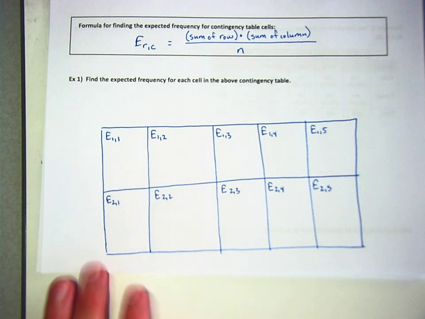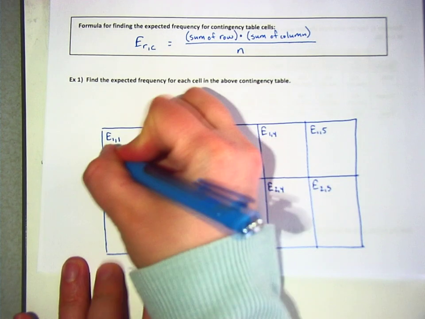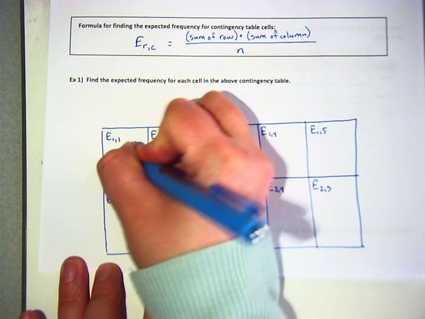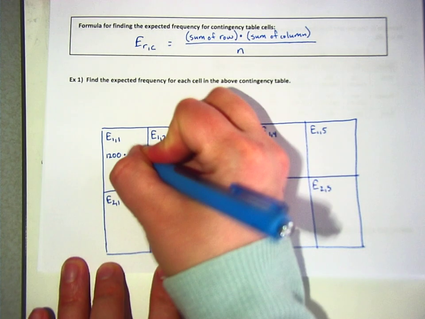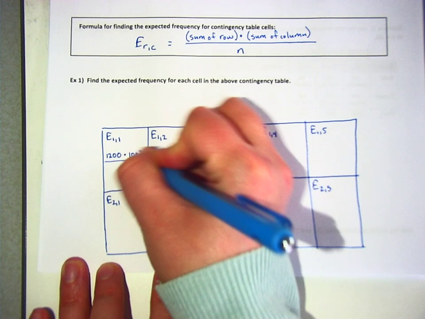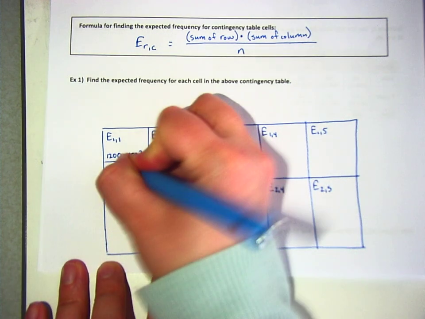So it's the sum of the row. We're talking about a male eating ice cream out of a cup. That'd be the sum of the row, which is 1,200, times the sum of the column, which is 1,002, and then divided by how many total we have, 2,002.